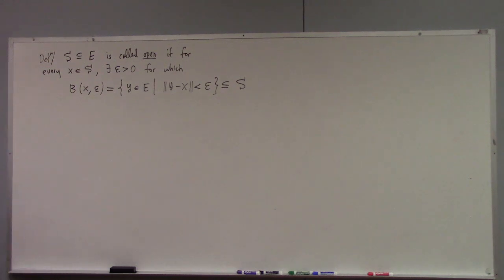So an open set is one for which, for each point in the set, you can find an open ball around that point contained inside the set.